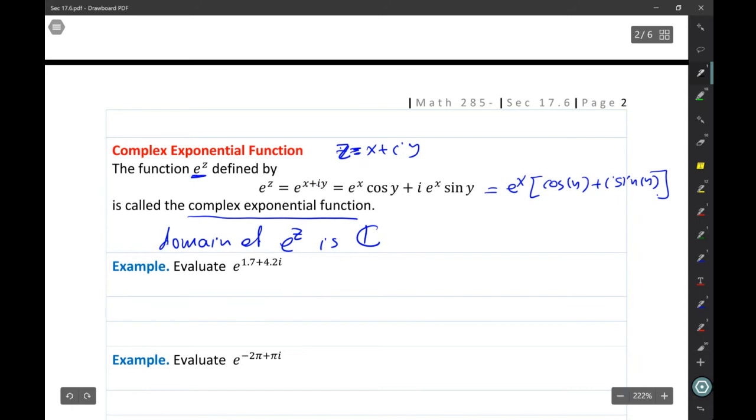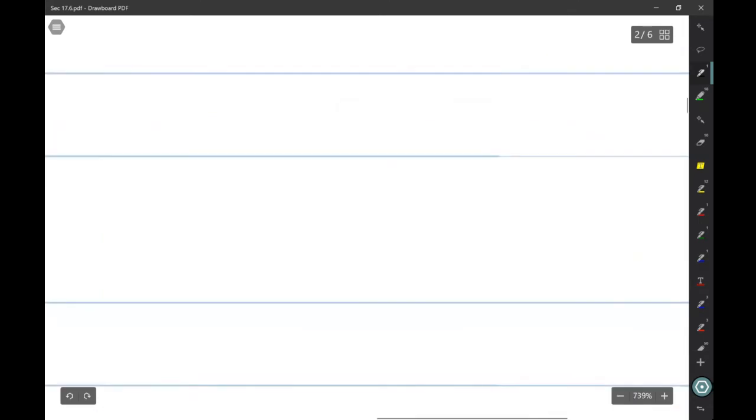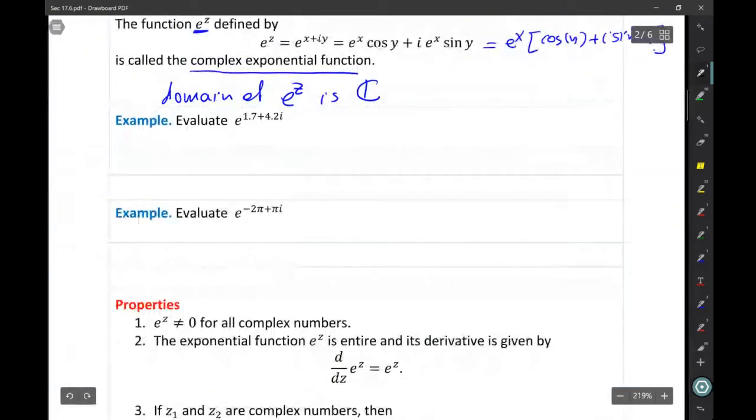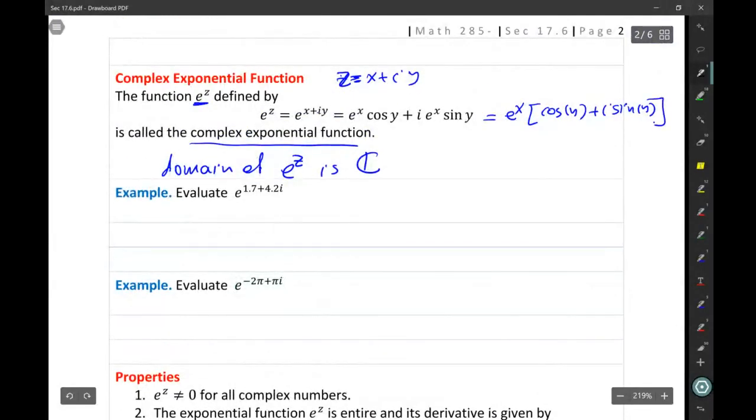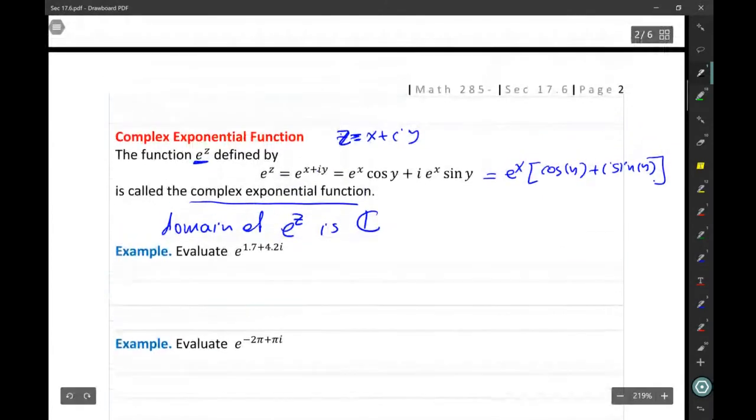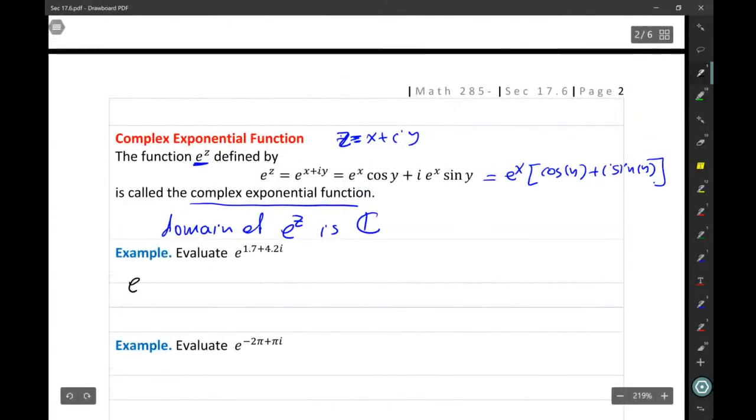Now some examples. When we say evaluate e to the power 1.7 plus 4.2i, it's very simple. This is equal to e to the power 1.7 times cosine 4.2 plus i sine 4.2.